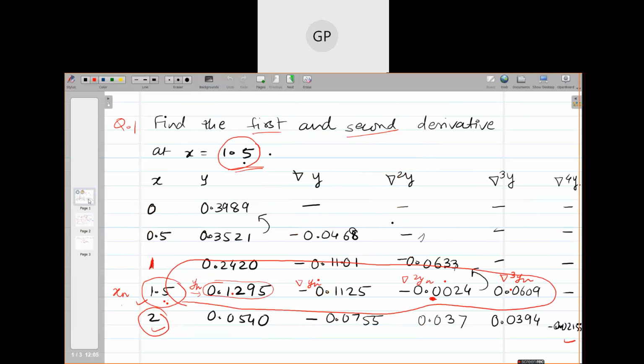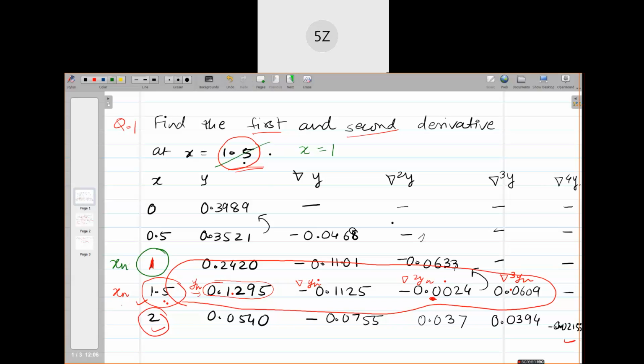Now tell me, if I want to find the derivative at x equal to 1, what would you have done? If I ask you the derivative at x equal to 1 instead of 1.5, what will you do? Set xn equal to 1. Correct.